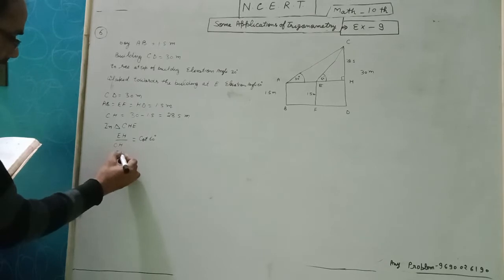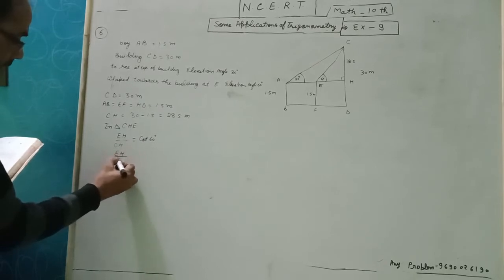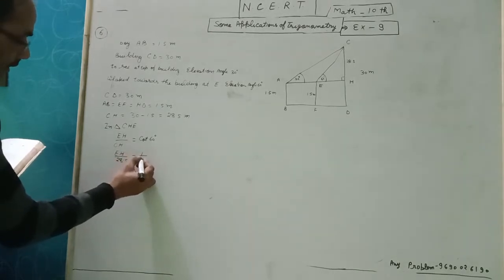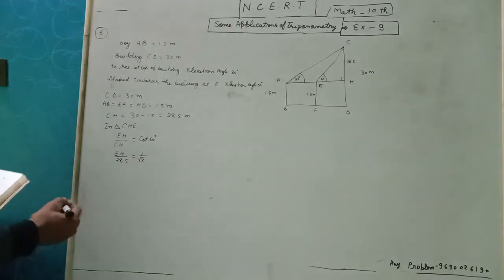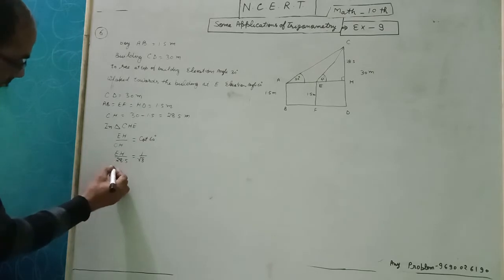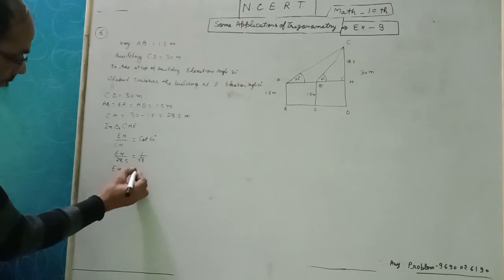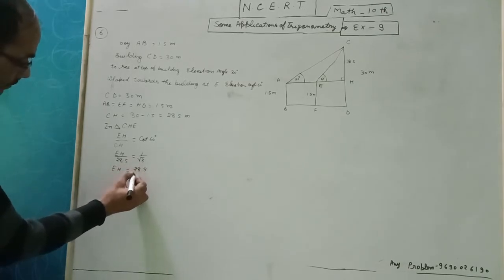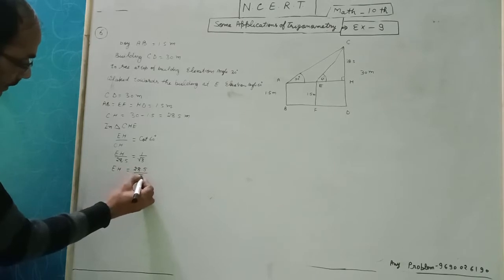EH upon CH, value 28.5, is equal to cot 60, value according to table 1 upon under root 3. After cross multiply, EH is 28.5 upon under root 3.